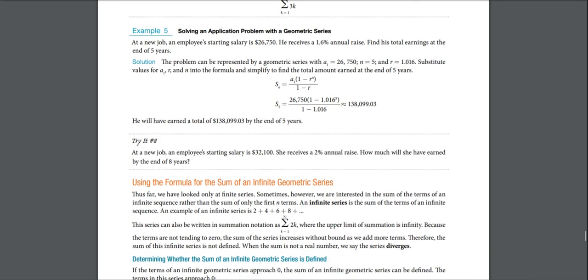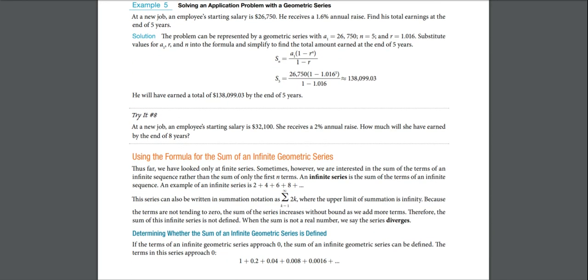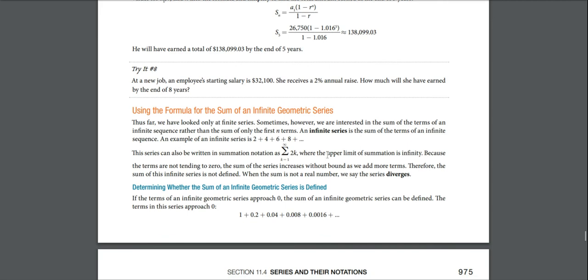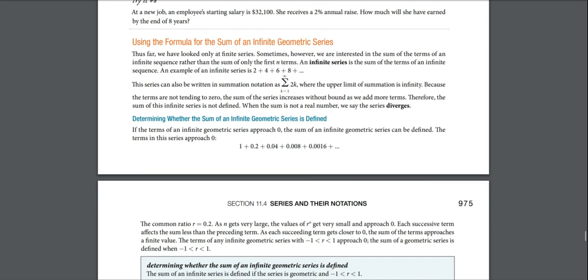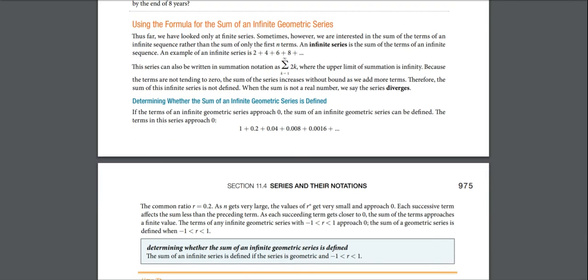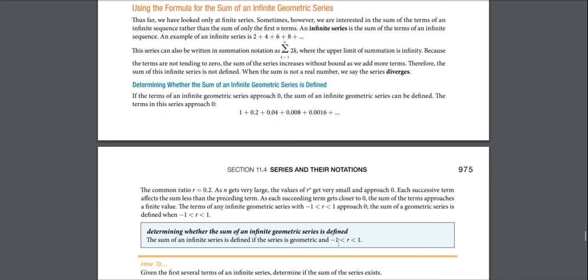Okay, let's talk about infinite series. So for an infinite series in summation notation, you'll see an infinity sign here, and then you'll know you have an infinite series. If the common ratio, R, is between -1 and 1, then we can actually find the sum.